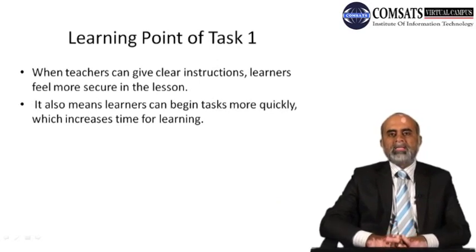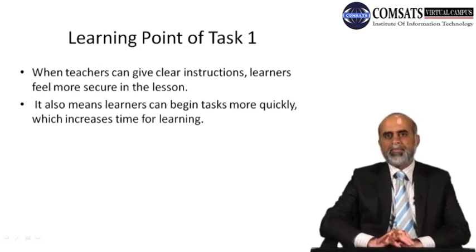Okay, so what is the key point that we have learned in task number 1? In task 1, we have mainly learned 2 points. Number 1, when teachers give clear instructions, learners feel more secure in the lesson. And I think you can imagine it very well now, because although you are teachers, right now in this class you are students.